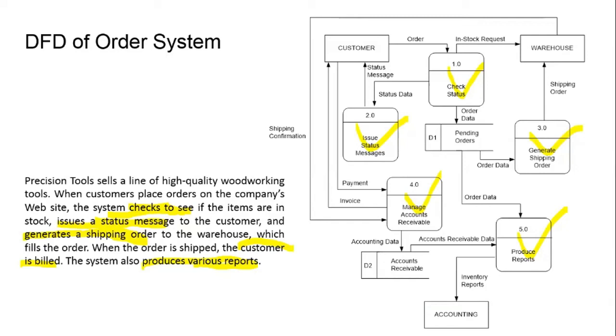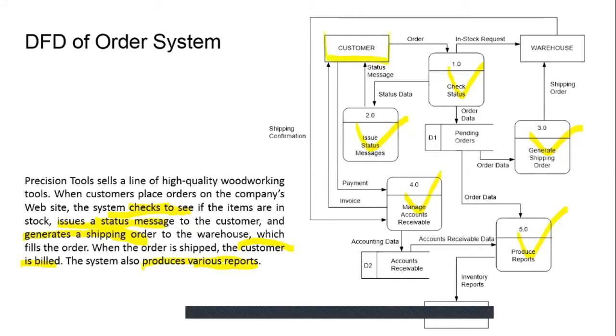From the context diagram we already have these 3 entities. Along with these 3 entities, we have these data flows from the context diagram. So one data was flowing to the accounting, one data was flowing into the warehouse. So total 2 data were flowing to the warehouse, and one data was flowing from the warehouse to the system.